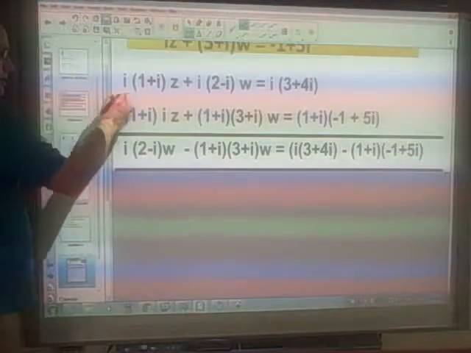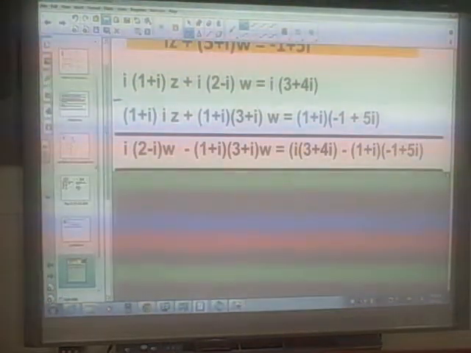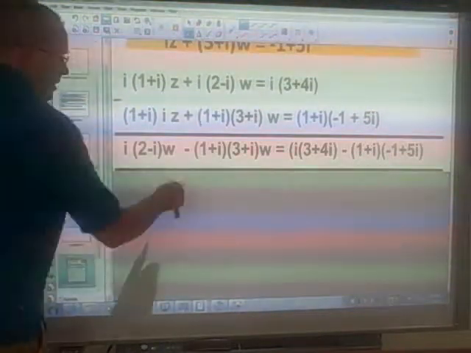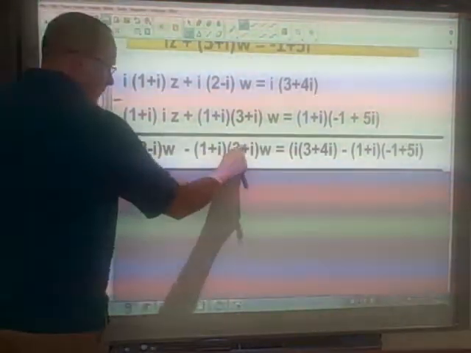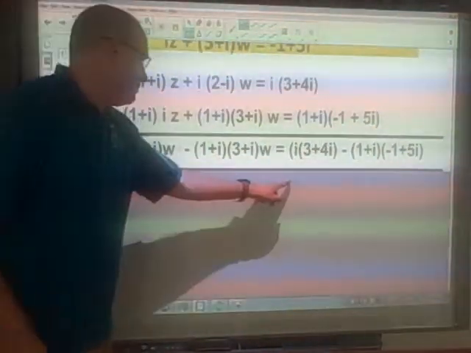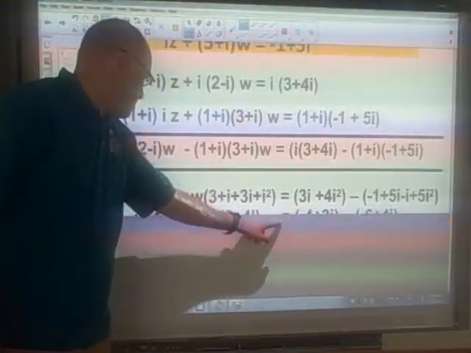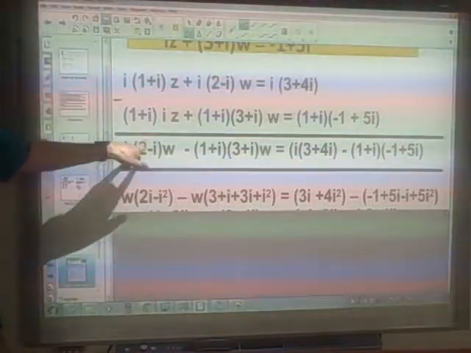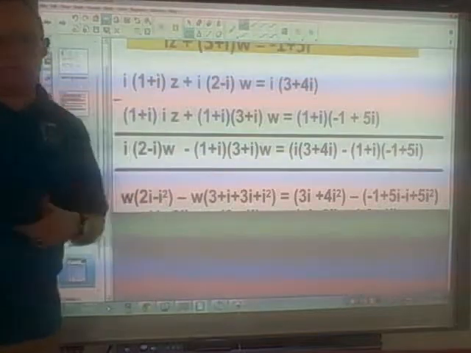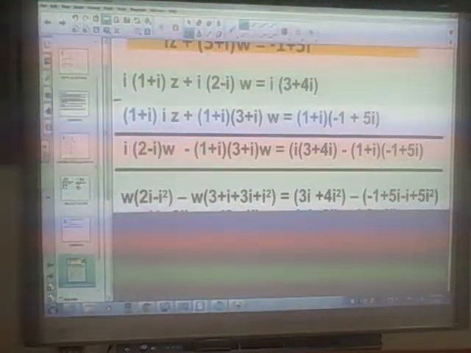So what I did here was a big subtraction problem. Now to try and solve this I need to start doing some simplifying here. I can see that there's some FOIL that I've got here, and I can also see there's some FOIL here as well. And also I can see that there's some distribution here. Now I'm going to leave the w as a factor here because I'm trying to solve for w at the moment.